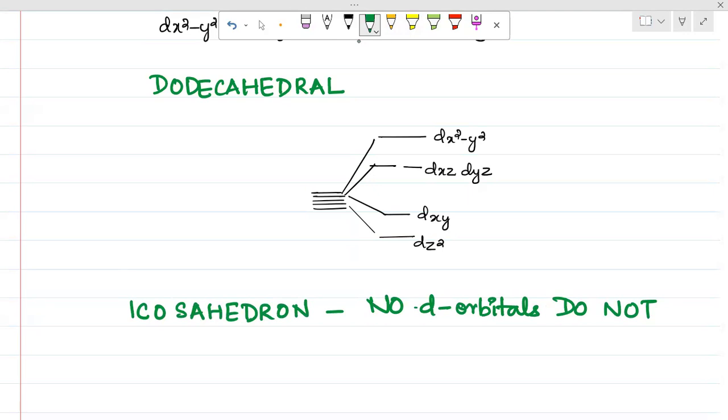So you might expect no questions. D orbitals do not split because the ligands come in a uniform way. They're repelled equally from a uniform distance, and hence splitting does not happen. Okay. So yeah, that's it.